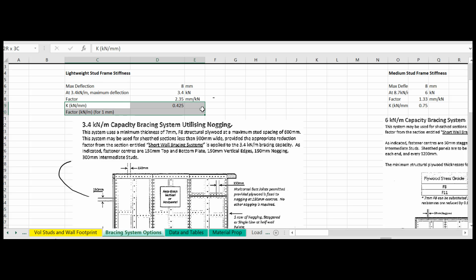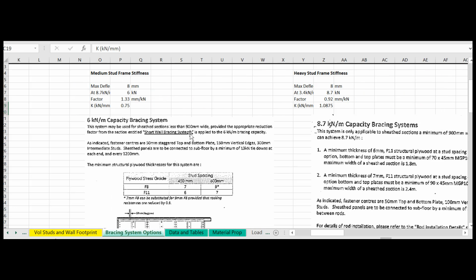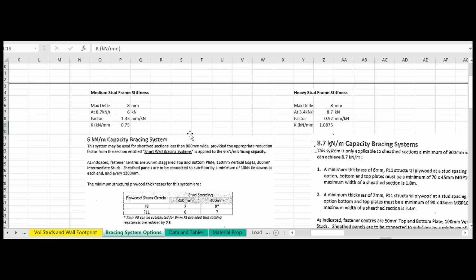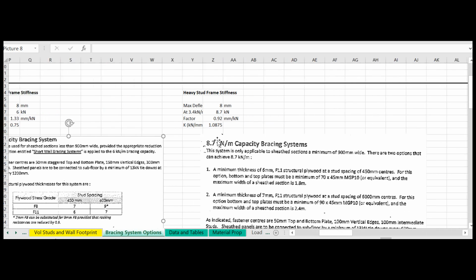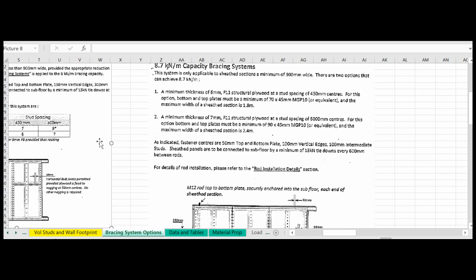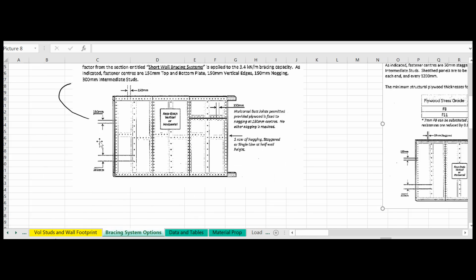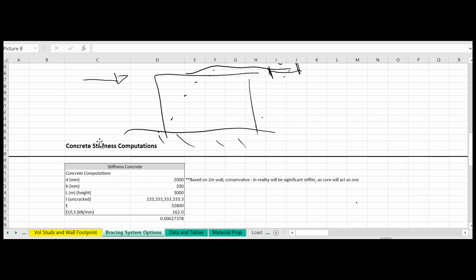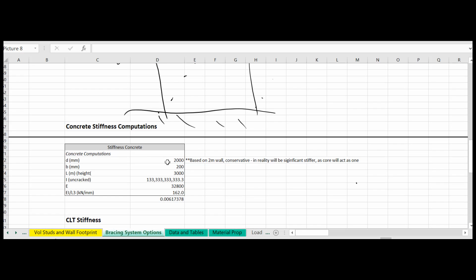The K factor then is 0.425. For the medium stiffness, I took a 6 kilonewtons per meter bracing system, and for heavy, 8.7 kilonewtons per meter. For the concrete, I based it on a 2 meter length wall, as opposed to inputting the core as a whole, which would dramatically increase the K value of the core. Just to be conservative, I took it as a 2 meter wall.